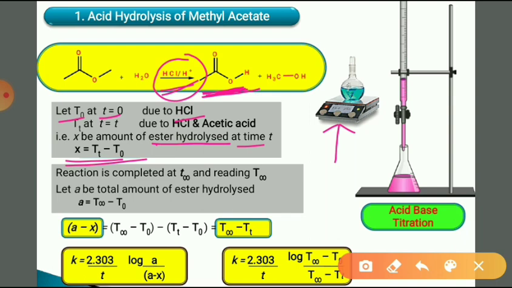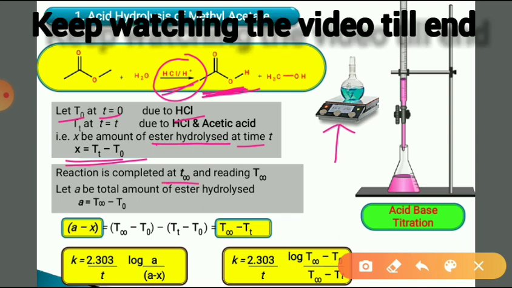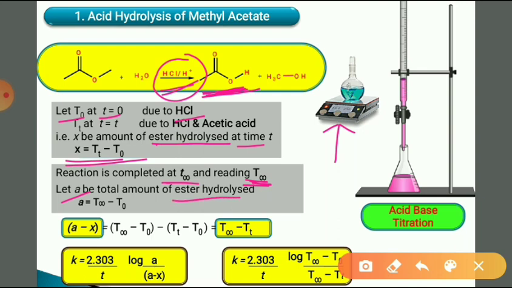Now the reaction will be completed at some point in time, denoted by t infinity, and the titrating reading taken at that time is recorded as T infinity. Let small a be the total amount of ester hydrolyzed, which is given by a equal to T infinity minus T0. So we have the two values, x and a.